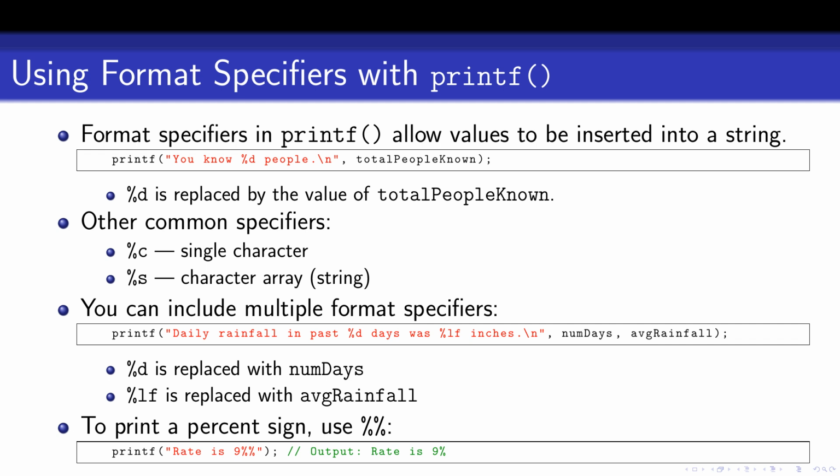The arguments after the format string must match the order and types of the specifiers. This approach lets you display detailed, structured output in one step. And if you need to print a literal % sign, like in 9% interest, use %% inside the format string. It's this mix of clarity and flexibility that makes printf such a powerful tool.